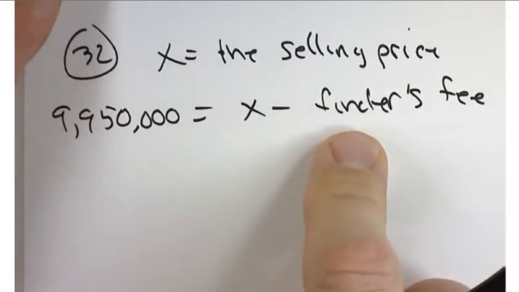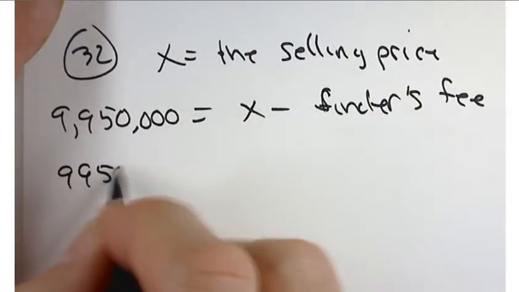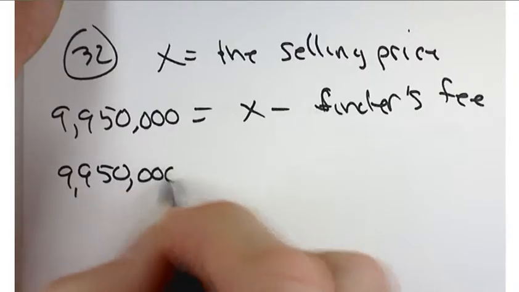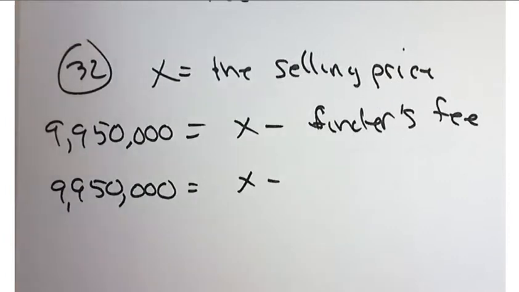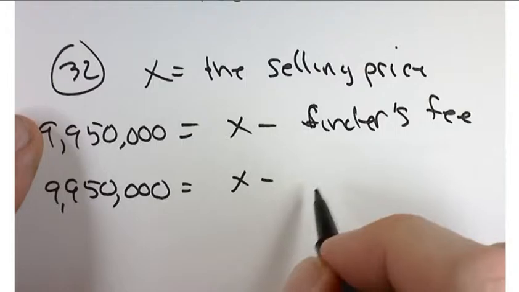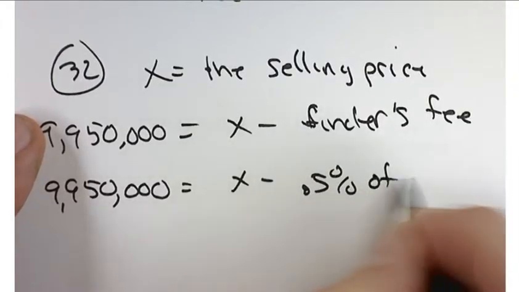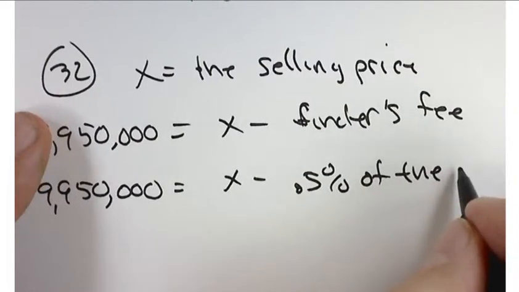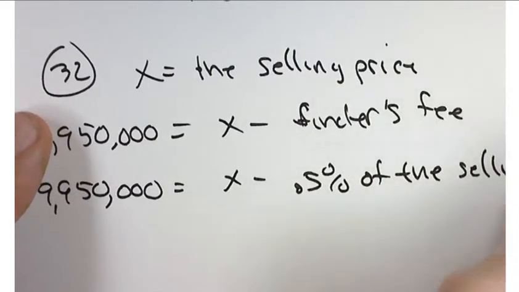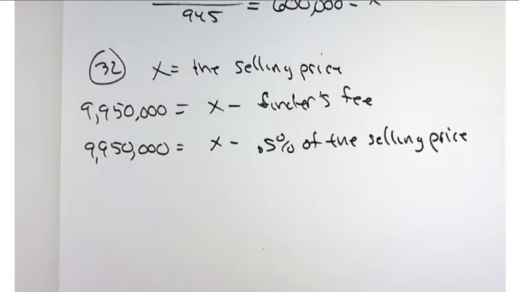What's the finder's fee? How do I calculate the finder's fee? It's a percentage of the selling price. Well, let's see. It's 0.5%, so 0.5% of the sale price.